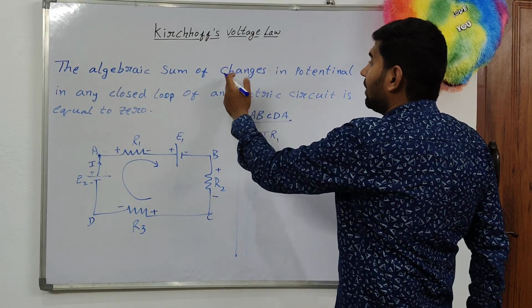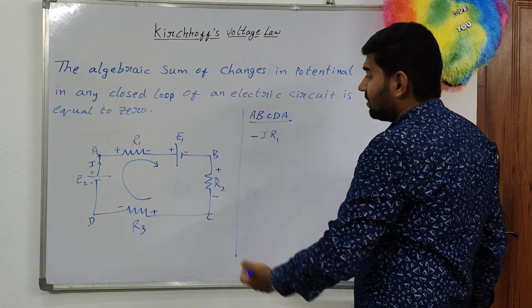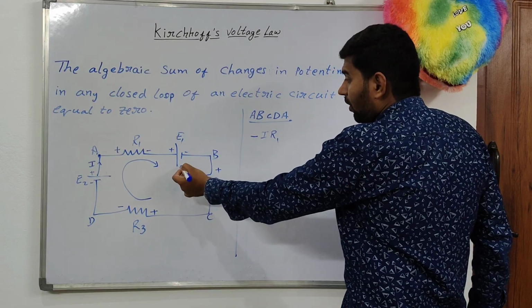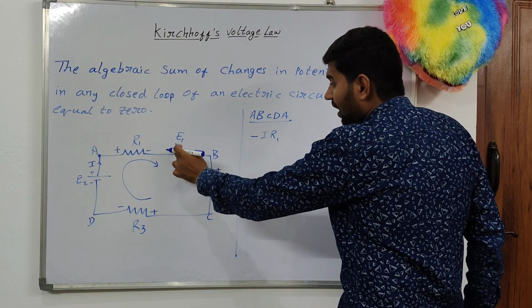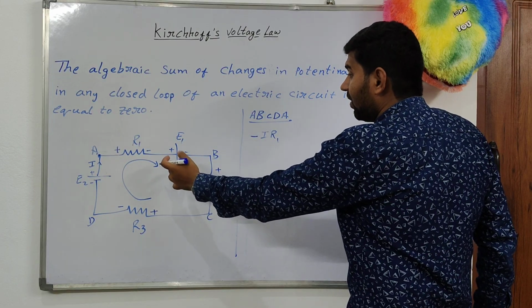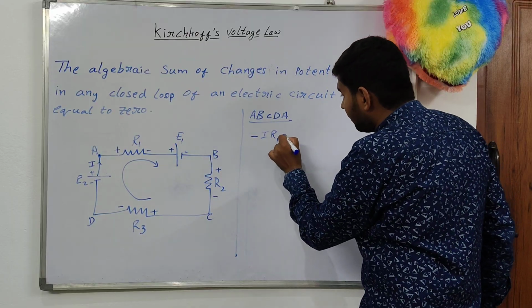Next, for the algebraic sum, we have to add the remaining EMFs and resistances also. This cell has two terminals, one at higher potential and one at lower potential, and the current passes from higher to lower. Here also, higher to lower, so it becomes negative.